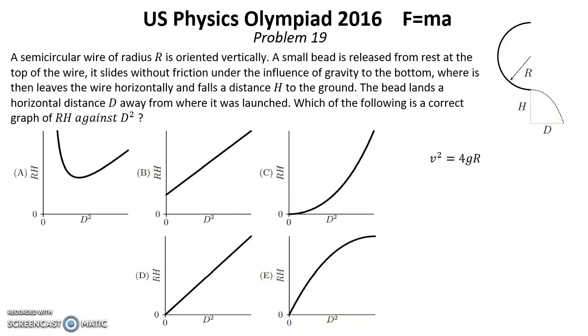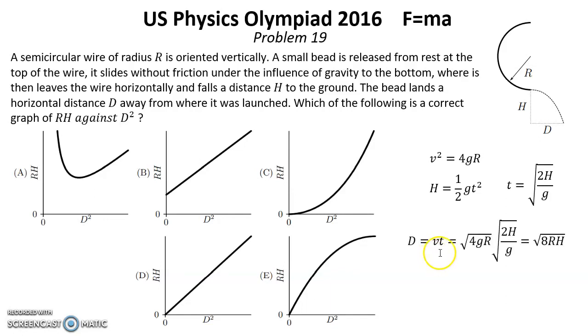For that, we can use the formula h equals 1/2 gt squared. From here we can find that time equals the square root of 2h over g. It means that the total distance equals vt, or the square root of 8rh.